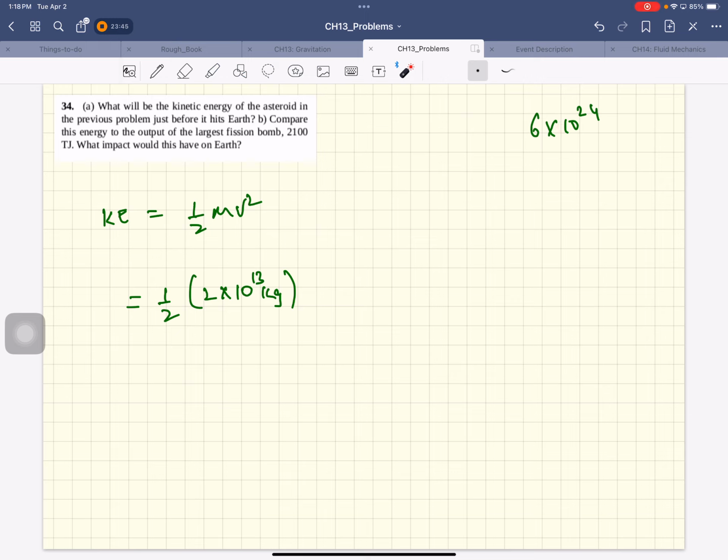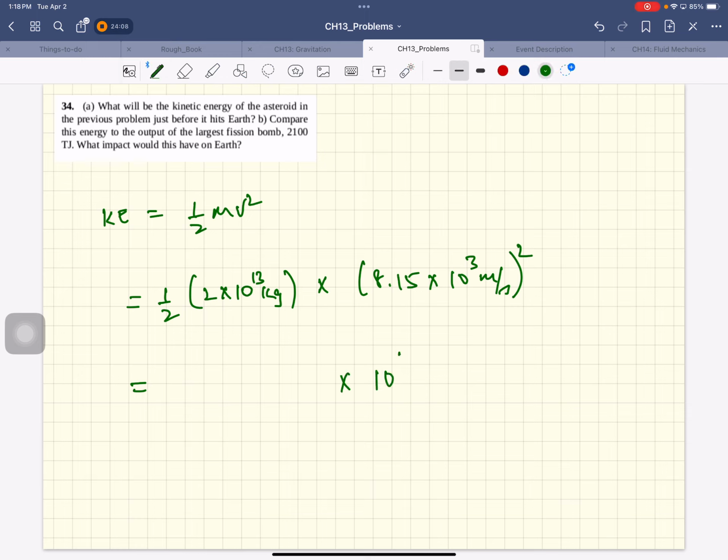Okay, so again, compared to the Earth, it's a small rock. So that's 10 to the 6, 10 to the 19. That cancels.